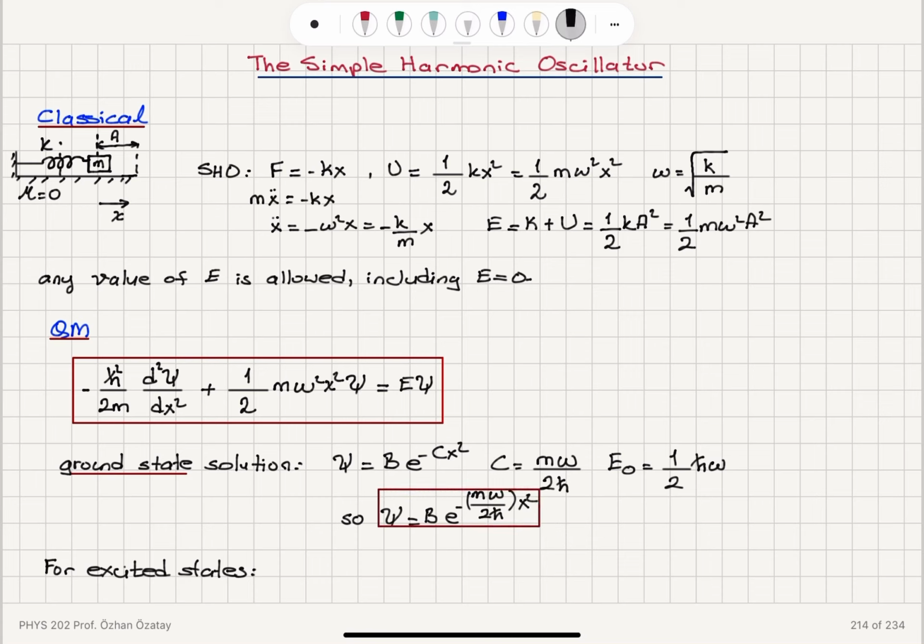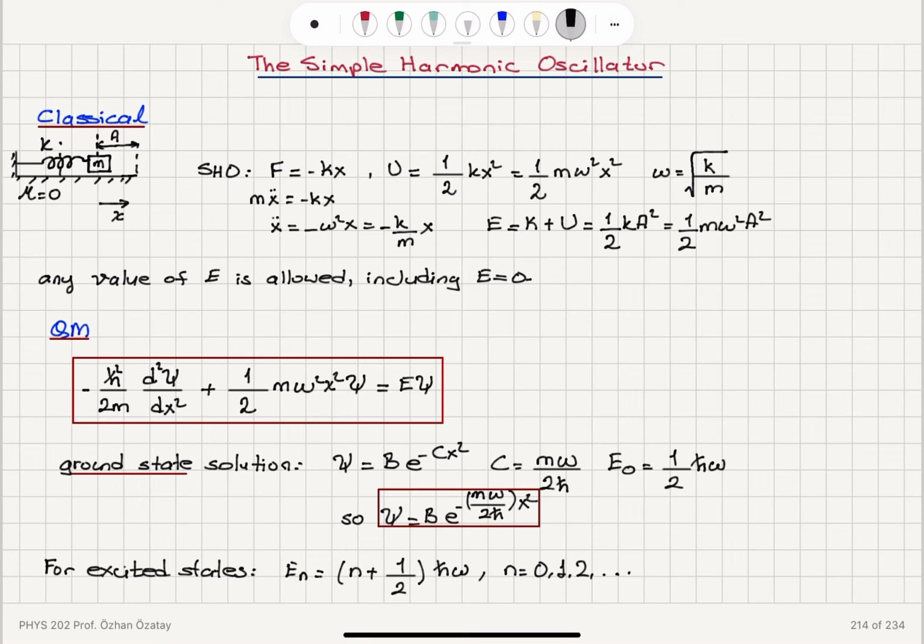For excited states, we have energy levels given by n plus 1/2 h bar omega, and the ground state energy was 1/2 h bar omega, so that's the n equals 0 solution. So n equals 0, 1, 2, and so on is our quantum number.